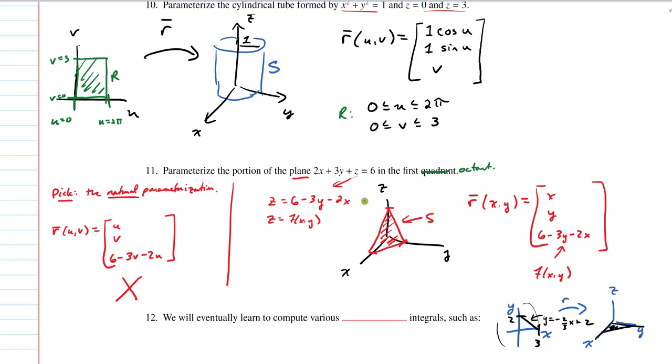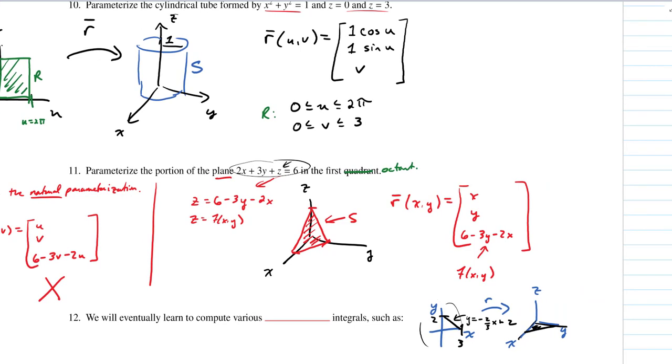Okay. So what did I do to figure that out, folks? I said, okay, if we restrict this plane into the xy plane, that would only happen if z were 0, and then I went ahead and solved the resulting equation for y, which is how I would get this description here. So this gives us what we need for our domain, because in this parameterization we're just letting x be x, and the x coordinates in the domain space are going to range between 0 and 3, so we've got 0 less than or equal to x less than or equal to 3.